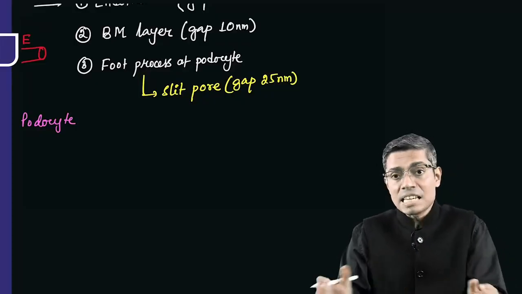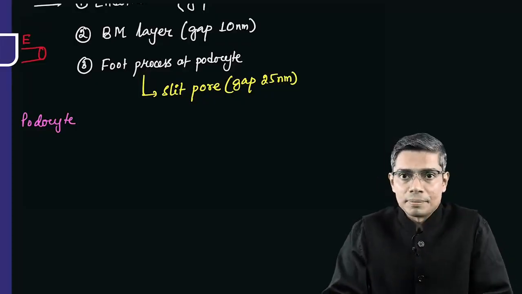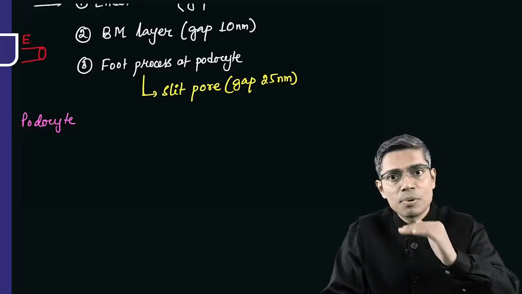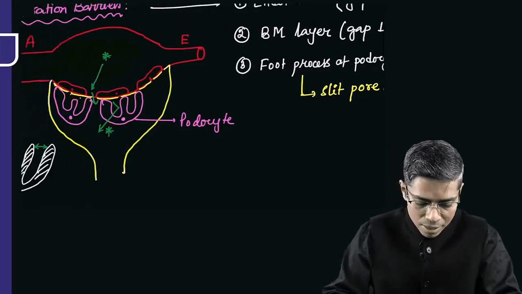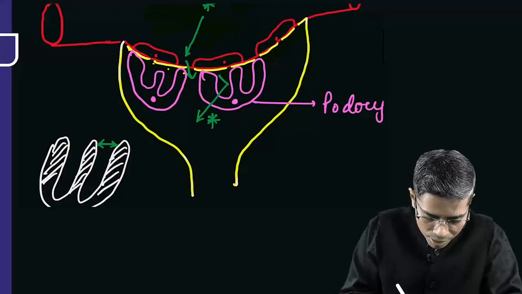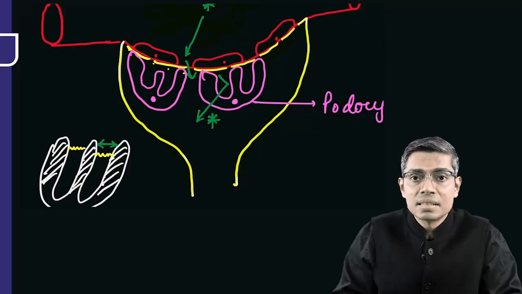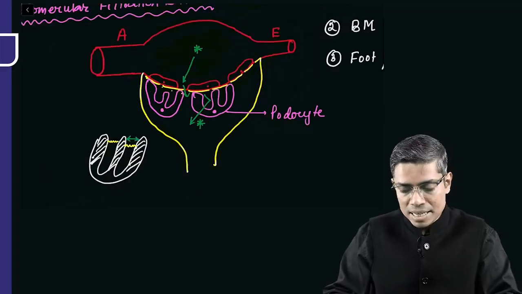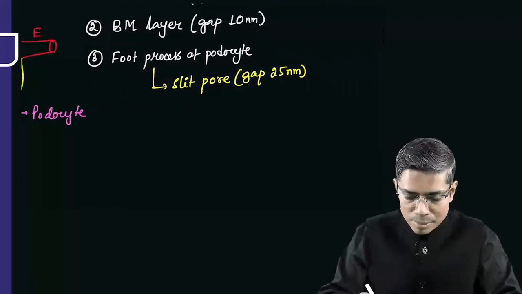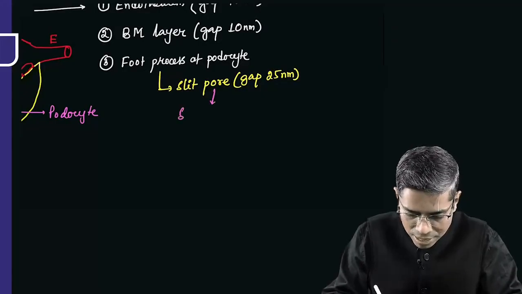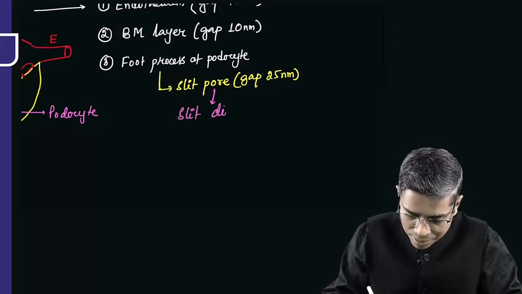But this slit pore is not completely open. There is a thin membrane which is present at the level of this slit pore. So there is a thin membrane which is guarding this slit pore, and this thin membrane is known as the slit diaphragm, right? So I'm writing here the thin membrane which is present at the level of this slit pore is known as slit diaphragm.